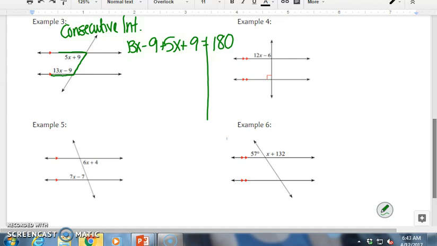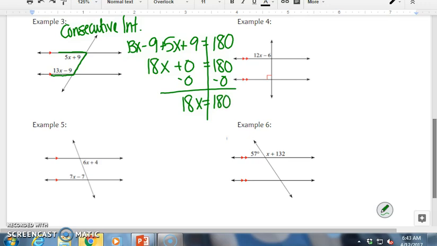So 13 plus 5 is 18x. And negative 9 plus 9 is going to be 0. You technically don't have to put that there because that's not going to change anything. So then we divide by 18. We get x equals 10. Now remember, that does not get the degree sign.